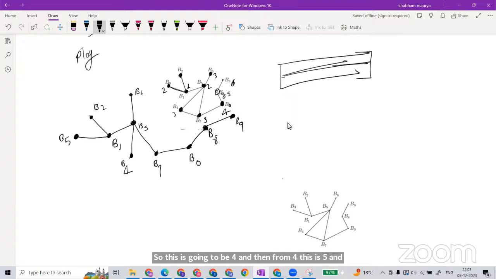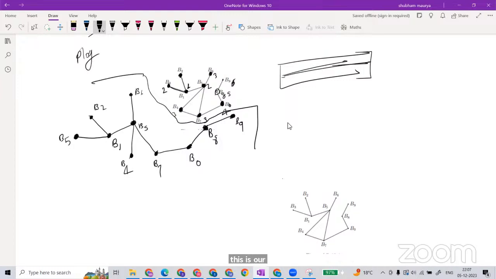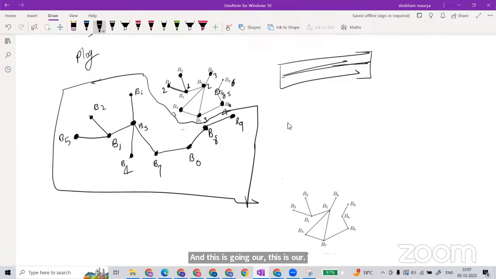Sorry, this is level 6. B9 is going to be level 6. And this is our BFS tree.